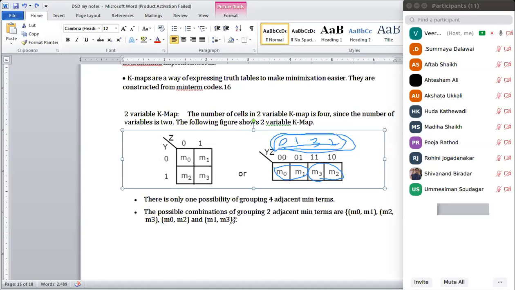Two adjacent minterms. Okay, so another important factor is what I am going to write here: 0 0 is 0, 0 1 is 1, 1 1 is 3, and 1 0 is 2. Instead of the sequential 0 1 2 3, I am writing it as 0 1 3 2.